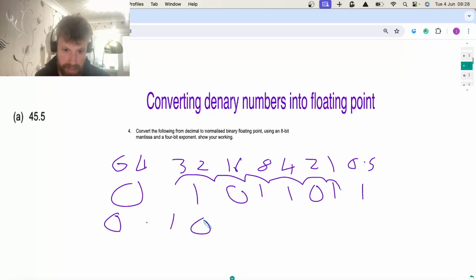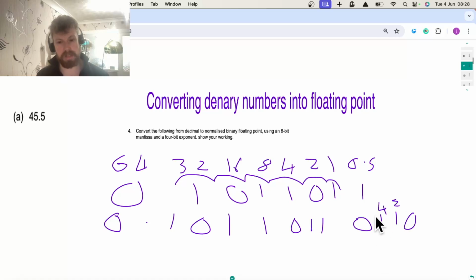Just put a little decimal point in there to help you remember. 1, 0, 1, 1, 6 times. And then our exponent is going to be 0, 1, 1, 0, because 1, 2, 4. Yeah, so that's on there. So 8 bits, 1, 2, 3, 4, 5, 6, 7, 8 for our mantissa, and 4 bits for an exponent, so 1, 2, 3, 4. Okay, and that's the answer there. Okay, so that's how we do that.